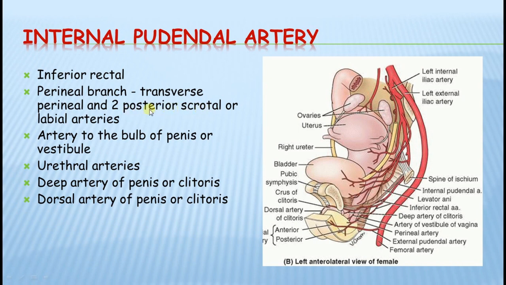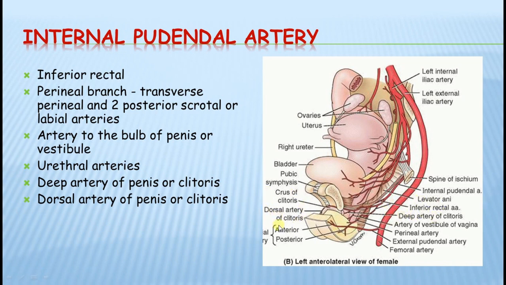Then the artery to the bulb of the penis in males, or the artery to the vestibule of the vagina in females. It also supplies the spongy urethra through the urethral arteries, and of course the terminal branches, which you are able to see, the dorsal artery and the deep artery.